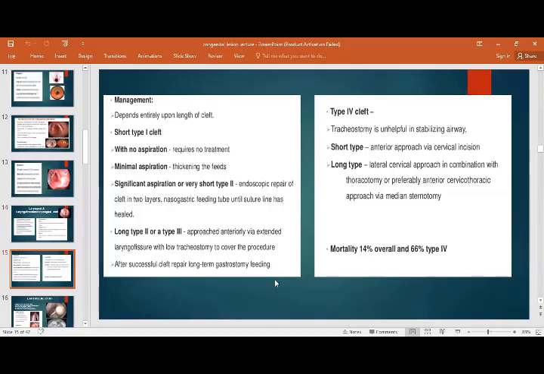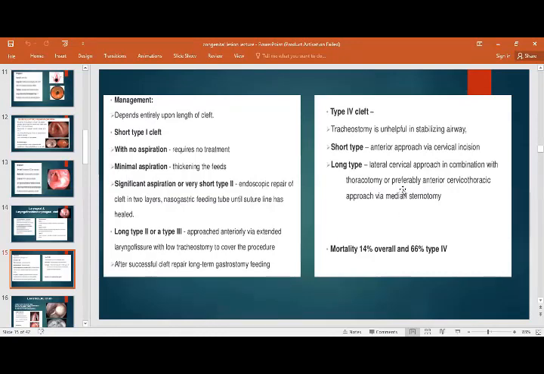As the length of the cleft increases, the management would be more aggressive. Again, type 4, the most aggressive type of cleft, initially, as you know, ABC, we need to preserve the airway, so we will go for tracheostomy.